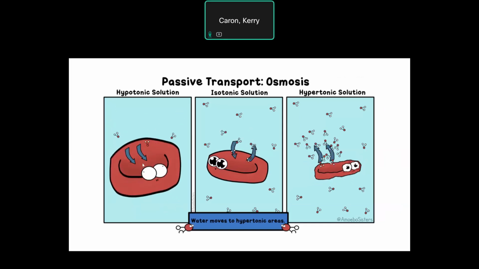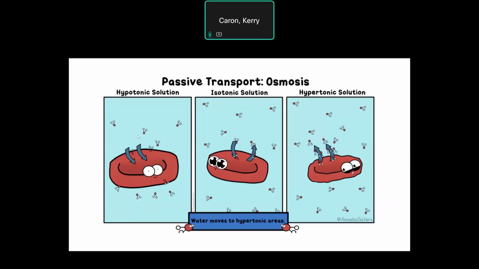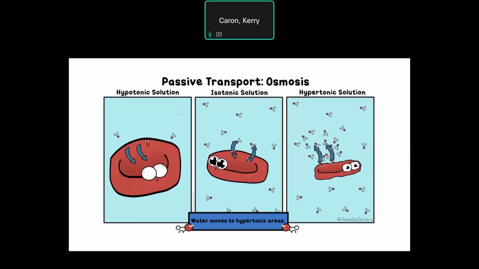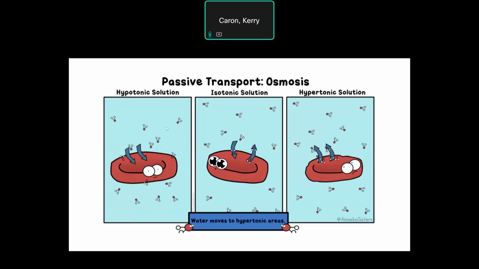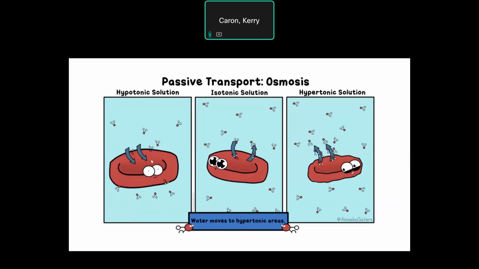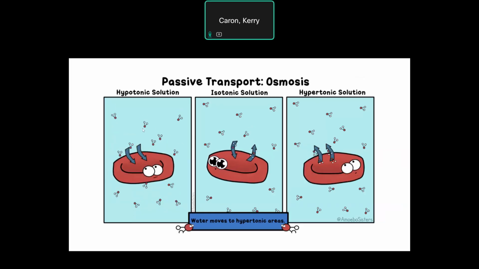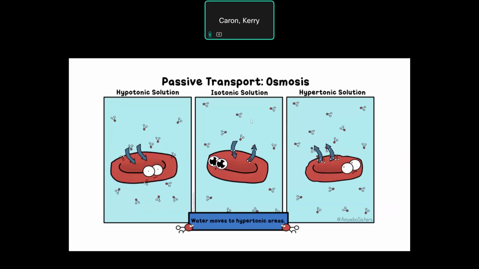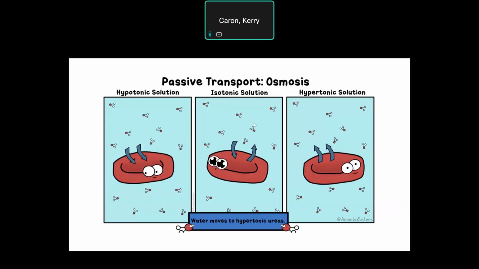about this earlier, if you have a cell in a hypotonic or low solute, low concentration solution, water is going to go and bloat the cell. Okay, it's going to go from areas of low concentration to high and bloat the cell. In an isotonic, it remains the same.